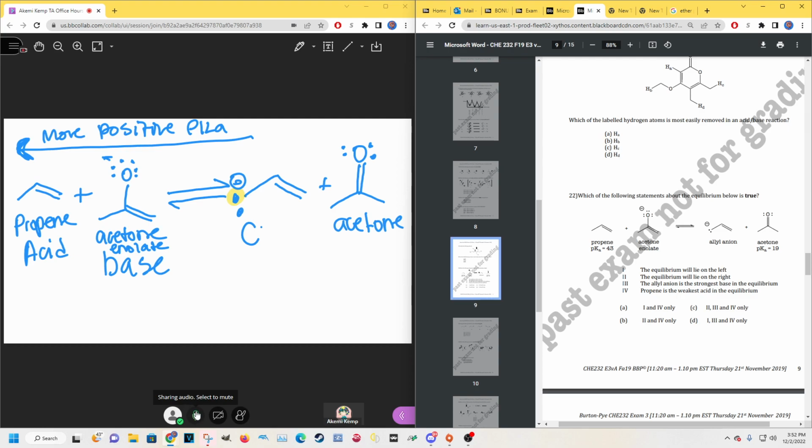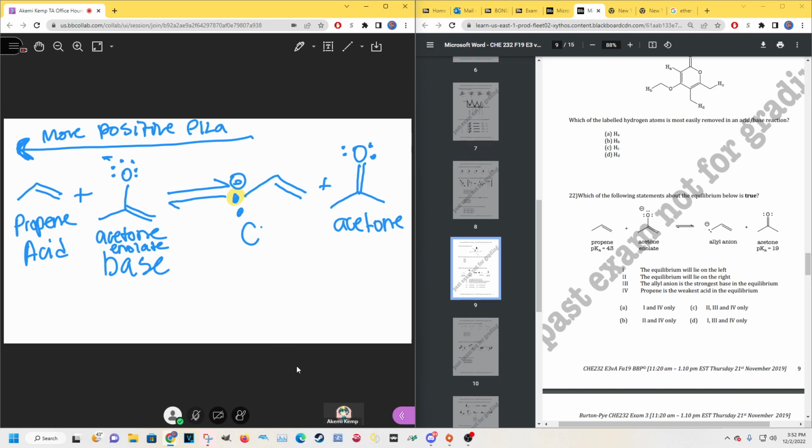So the equilibrium will always lie on the side where the acid is the weakest. That'll be to the left of this reaction here. So 1 is true, which means we can cancel out 2.